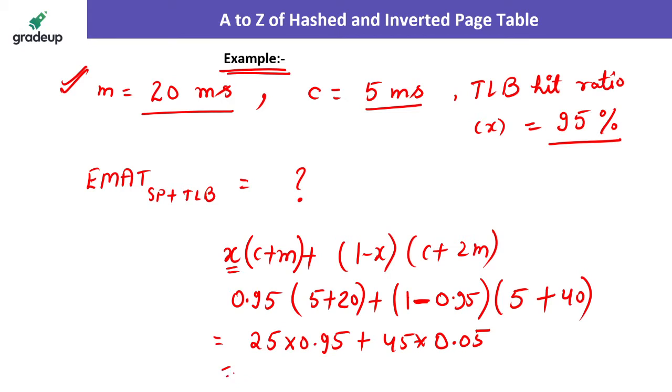Now if you solve it, you have to calculate. Yes, who will tell me? 25 into 0.95 is 23.75, plus 45 into 0.05, then you will get 2.25.